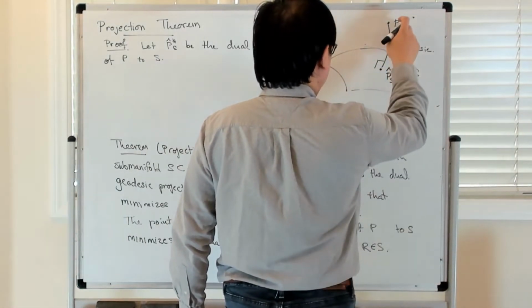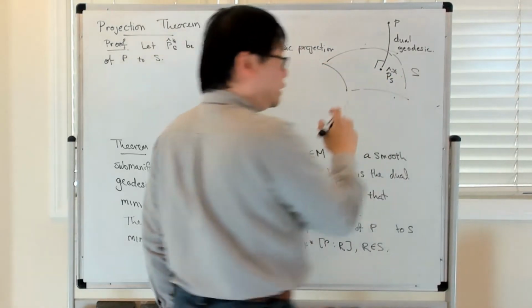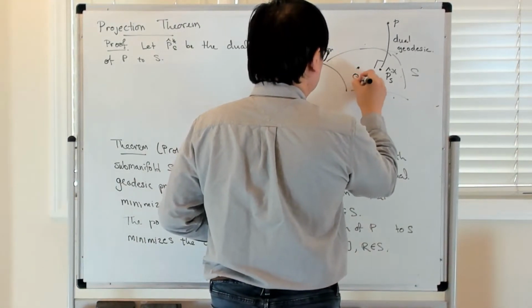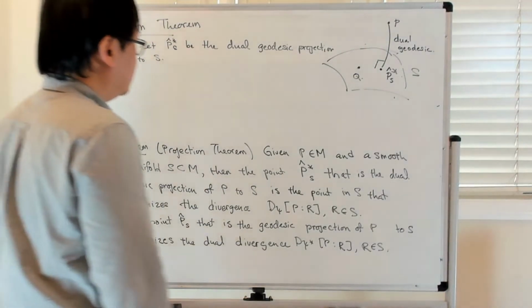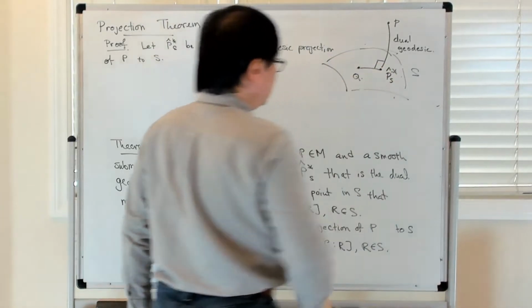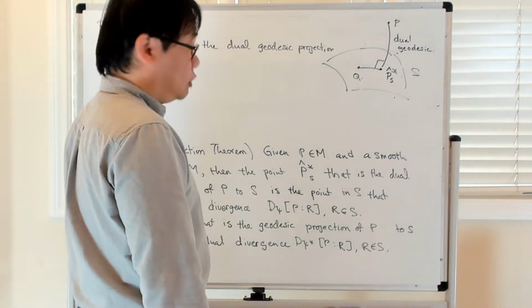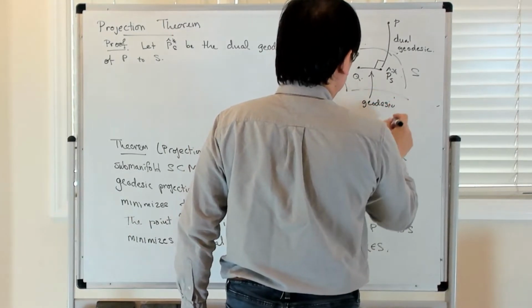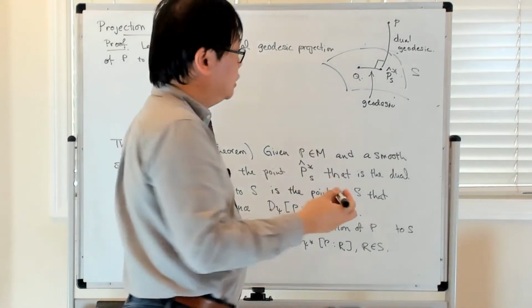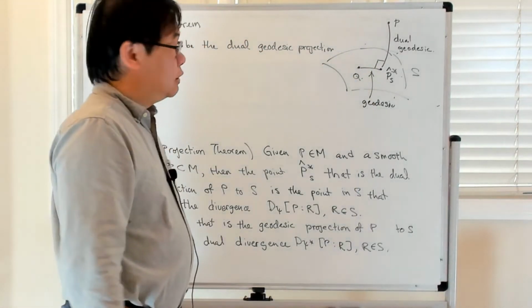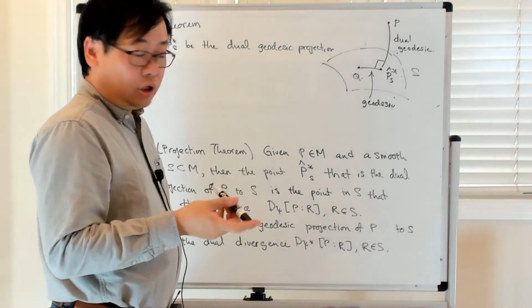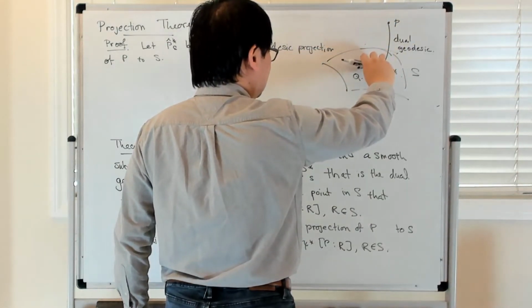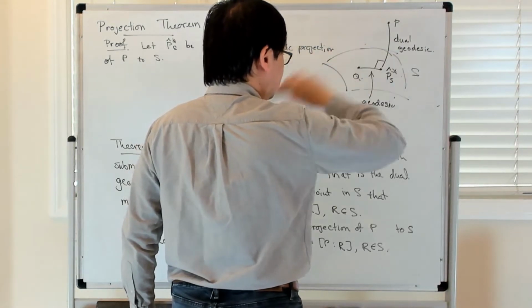So you have P, P hat star S, and any other point on the submanifold S. Let's call that Q. All right, so there is some geodesic which connects Q to P hat star S. In particular, a geodesic is a curve on a manifold, so the tangent to the geodesic is in the tangent space to S. All right, so by definition of orthogonal projection, this dual geodesic from P to P hat star S is going to be orthogonal to the tangent to that geodesic.